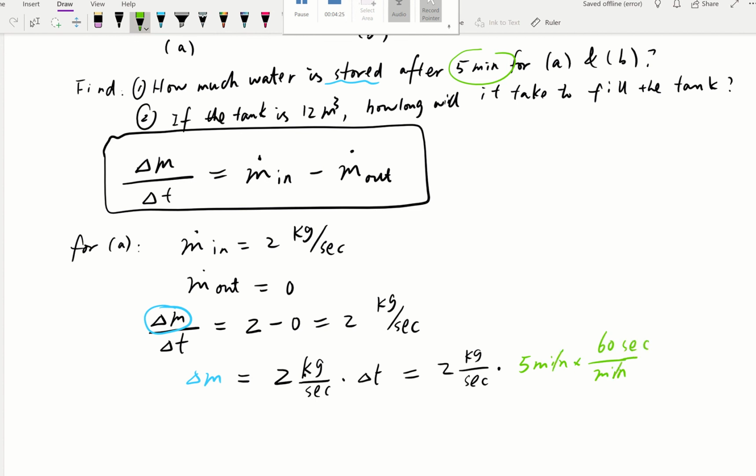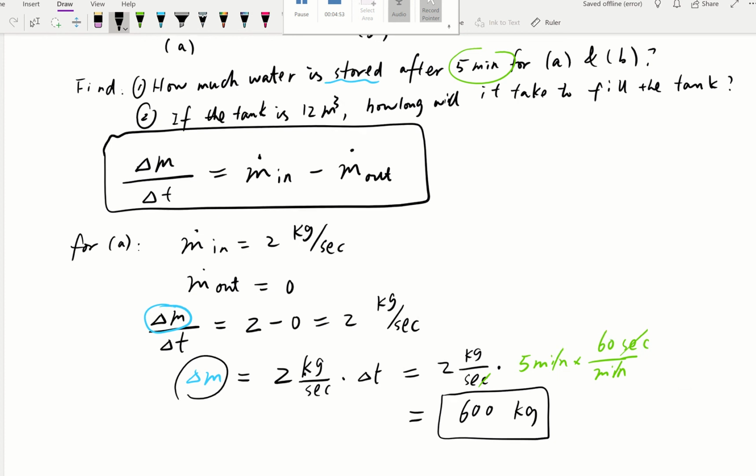So knowing that, we can calculate the entire time. For 5 minutes of time, how many kilograms? So 2 times 5 times 60, that's going to be 600 kilograms of increase of the mass. That's how much mass was stored after 5 minutes, right? Okay, so that helps us figure out the first problem for A.